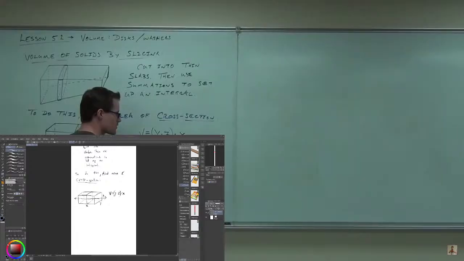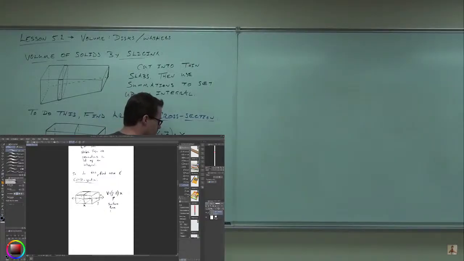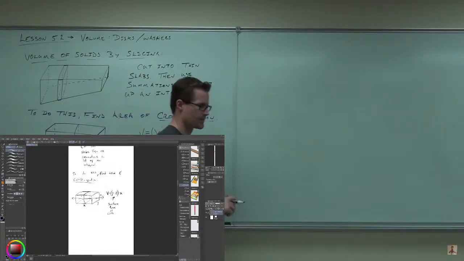So this is the surface area of the cross-section, and that's the length.